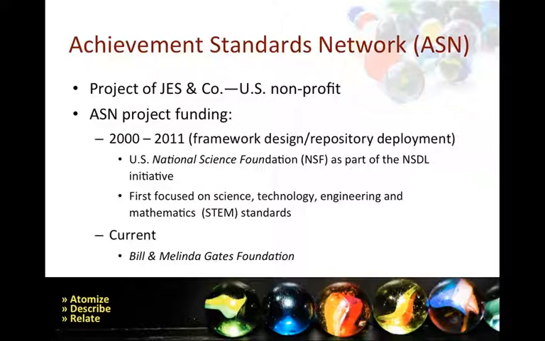The ASN project itself has been funded for over a decade by the U.S. National Science Foundation as part of the National Science Digital Library Initiative in the U.S. The goal being primarily of the ASN to represent the learning outcomes, the achievement standards embodied in the curriculum documents of the 50 states in the U.S., plus the District of Columbia, in a machine-readable form so that the resources that were cataloged and put into the National Science Digital Library could be mapped to the standards, or the academic standards, the achievement standards that they addressed.